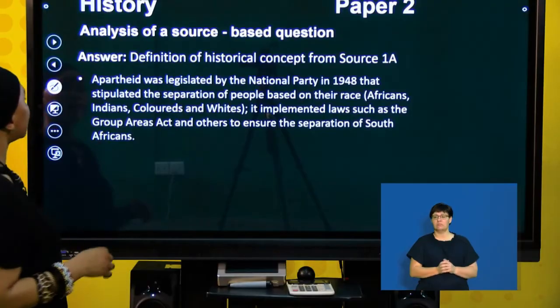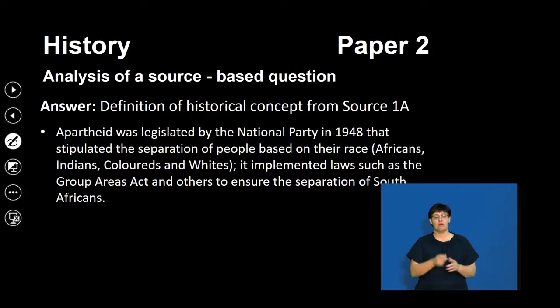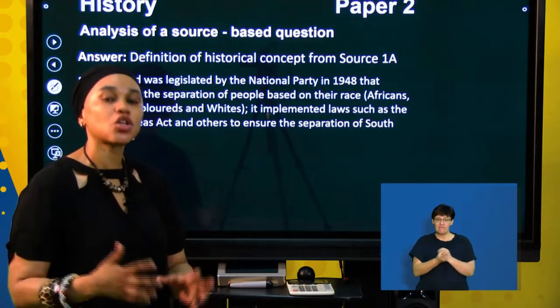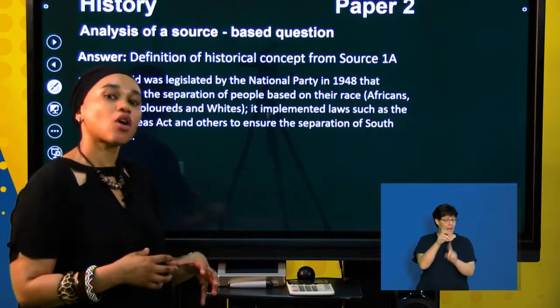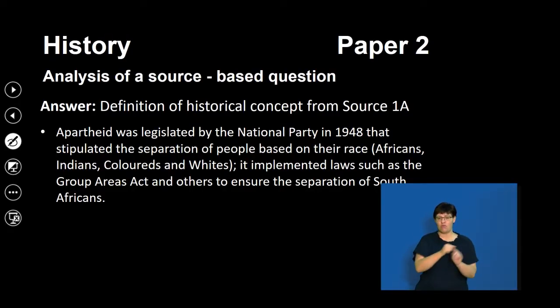Now, if you look at the answer here, it's a definition of historical concept from source A. Apartheid was legislated by the National Party in 1948 that stipulated the separation of people based on their race, Africans, Indians, coloureds, and whites. It implemented laws such as the Group Areas Act. So when you're defining concepts, it does help to give some examples to show exactly that you understand what the concept is about. Okay, such as the Group Areas Act and others to ensure the separation of South Africans.